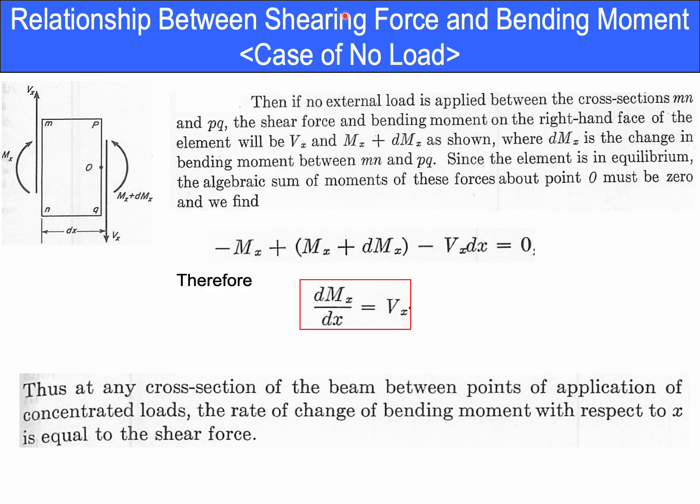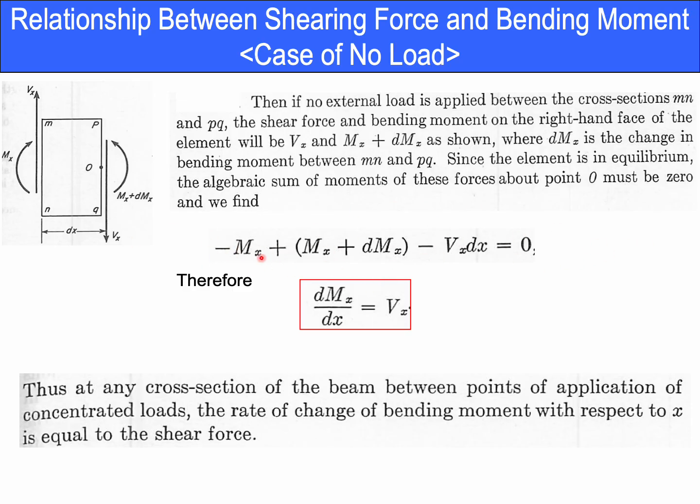By taking the balance of the moment of this piece, we find Mx plus dMx equals Mx, this moment, plus Vx times dx. And so this is its balance.